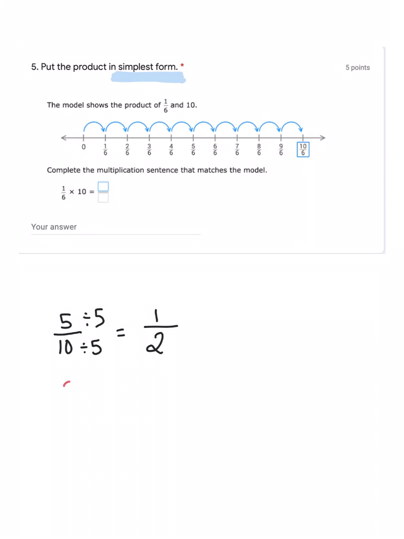If I had something like 8/10, I would divide both of those by 2. The factor that they have in common is 2. And that would give me 4/5. If you're not immediately sure what factor two numbers have in common, then take a few minutes to list the factors off to the side. So I can list factors for 16 and 32 here.